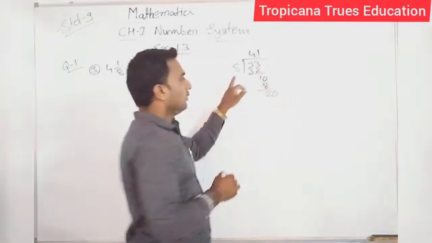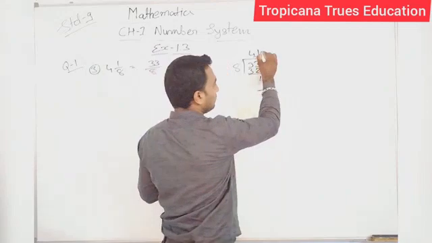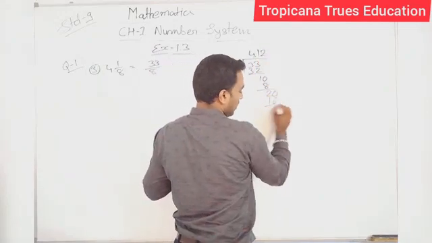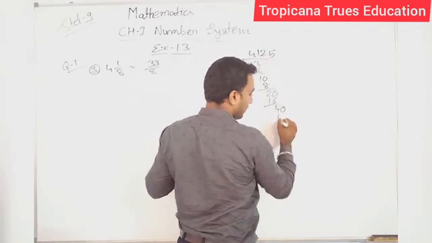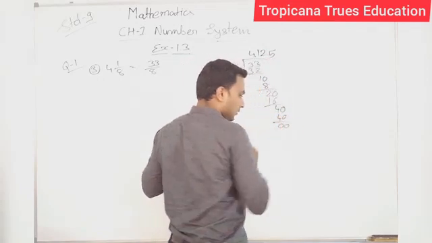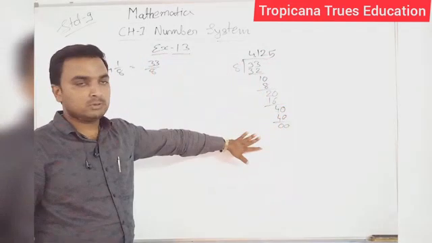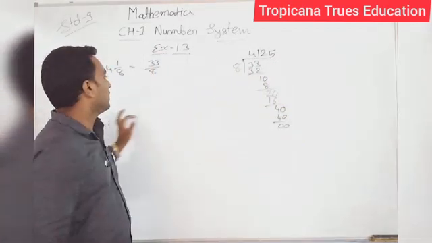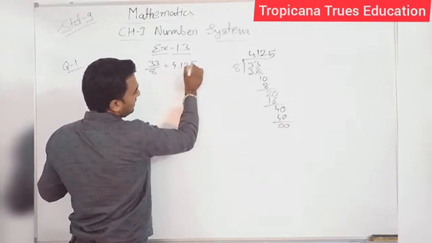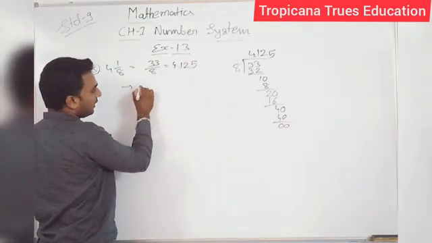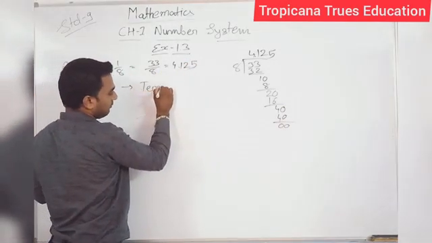Put 0. 8 twos are 16. Answer will be 4, 0. 8 fives are 40. Answer will be 0, 0. Now see here, the remainder will be 0. So that's why 4.125 is a terminating number. So you have to write here that terminating.